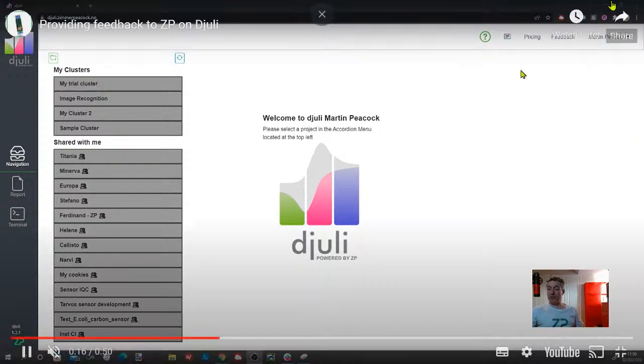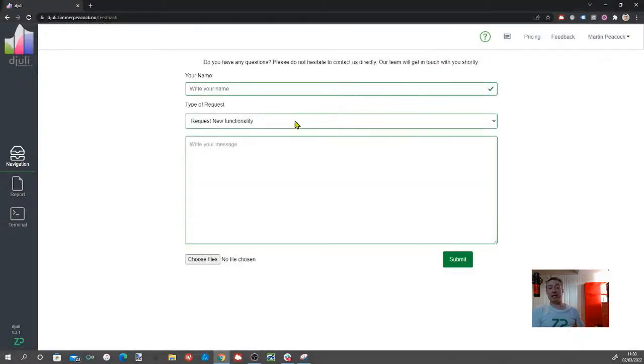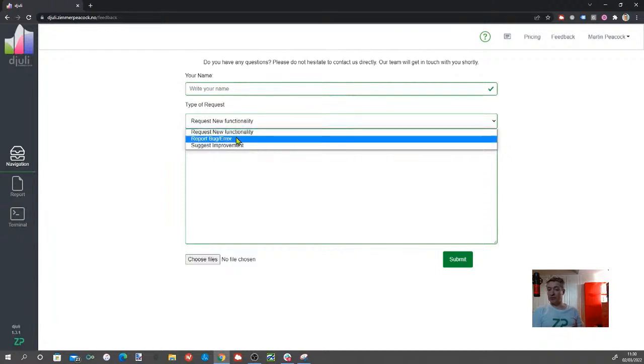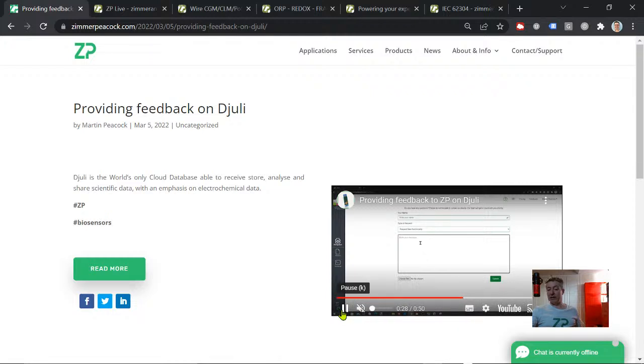You can go to market and allow users to guide the development and the improvement of the product. So at ZP, we really believe in that philosophy. Joule has that built into it. It has a feedback form, and we hope that people will adopt it, use it, and give us the feedback.